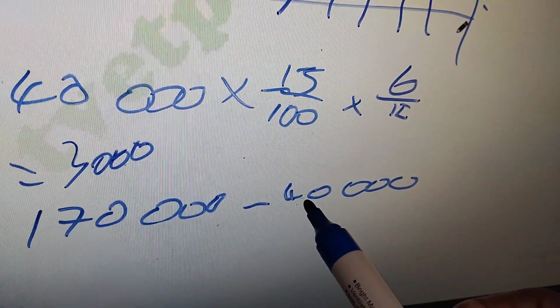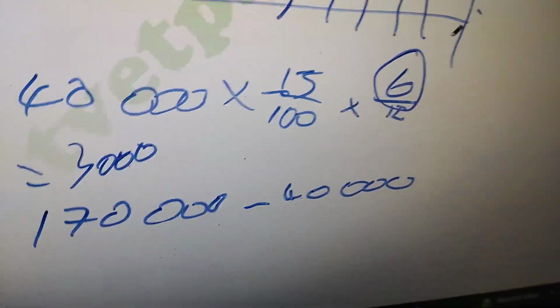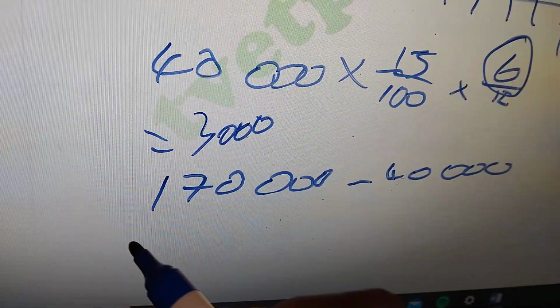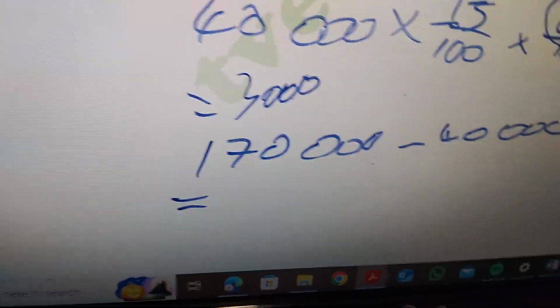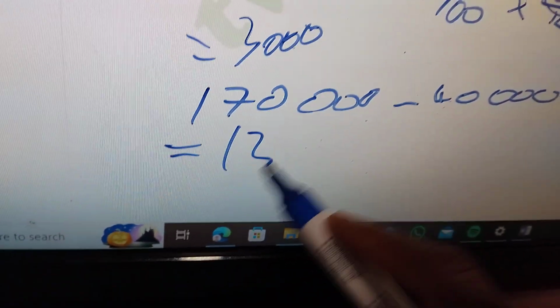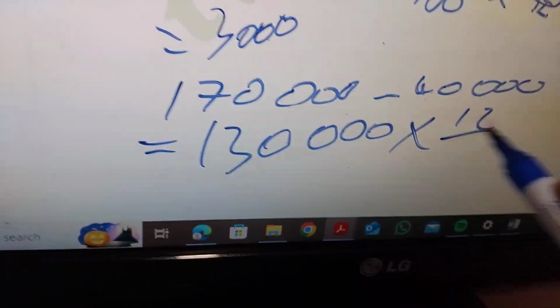This vehicle of 40,000 was there for only 6 months, not 12 months. So this is the reason why we take it out. We will be left with the vehicles that were there in the business for 12 months, which is 130,000.